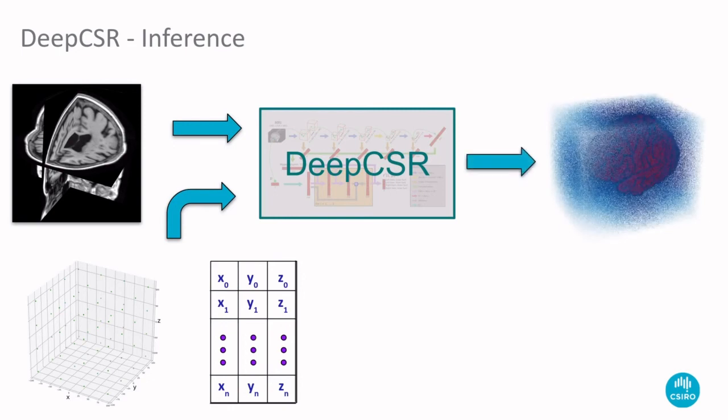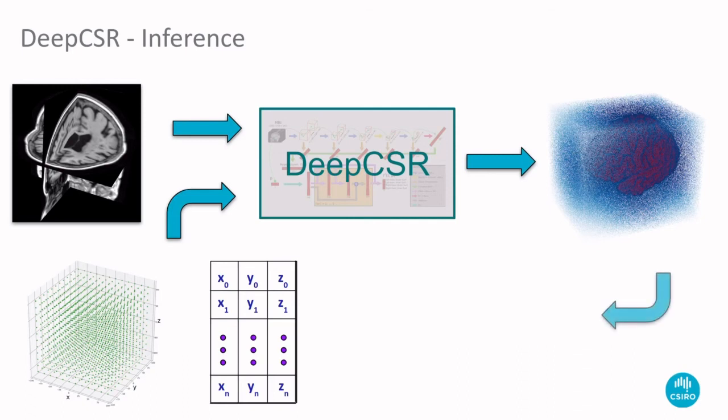Note that we can reach a very high resolution by just predicting implicit representations for more and more sampled points. Finally, with the predicted implicit surface representation at the desired resolution, we can run a topology correction algorithm and an easier surface extraction method to reconstruct the target surface as a triangular mesh.